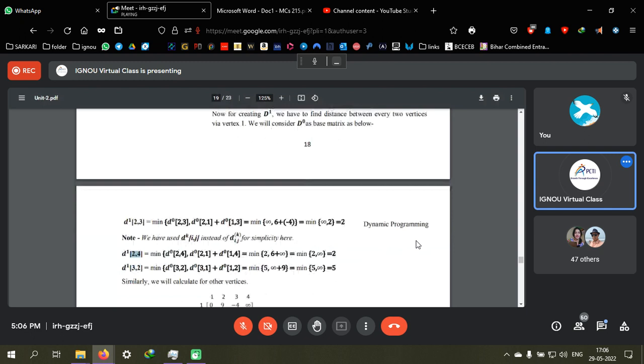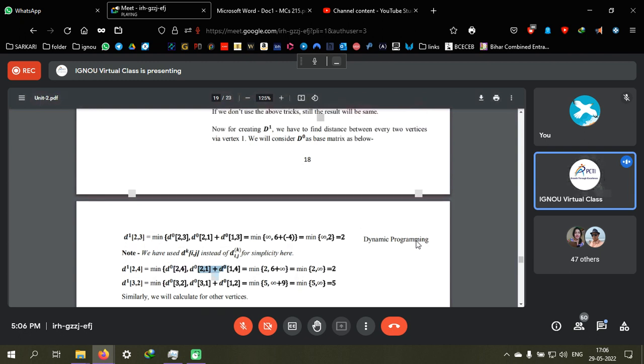So here is 2, 4, or I can go with 1: 2, 1 or 1, 4. 2, 1 is equal to 6.